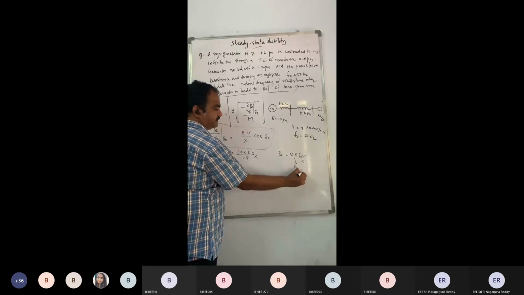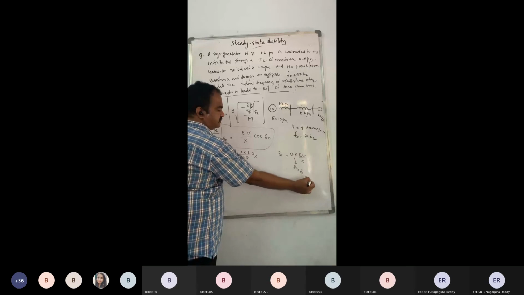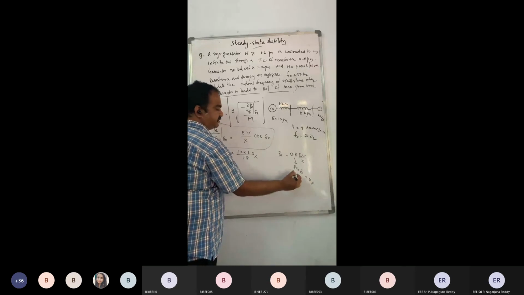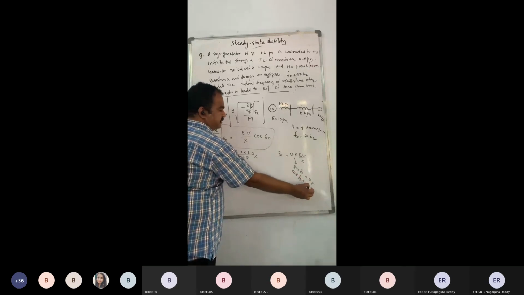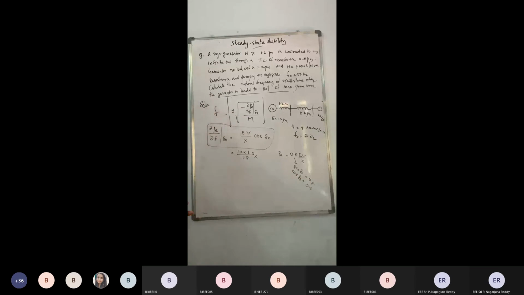This indicates sin delta naught is 0.8. If sin delta naught is 0.8, what is cos delta naught? It will be 0.6, isn't it? If it is 0.6, now what is this value? 0.4, I think. This is 0.4.